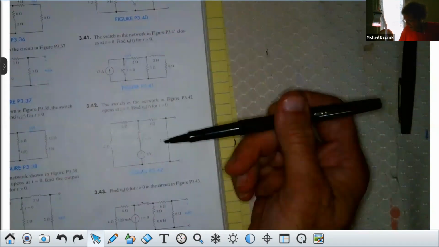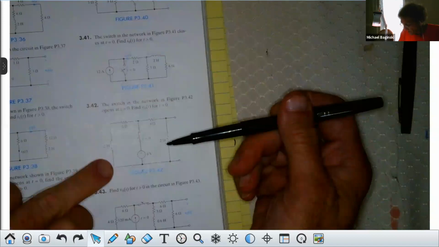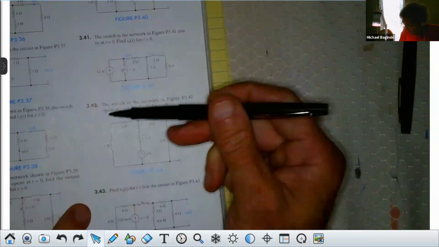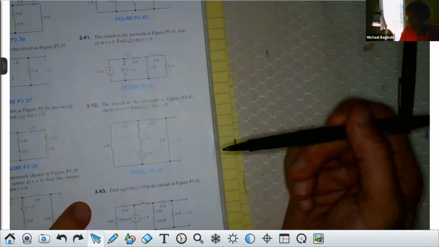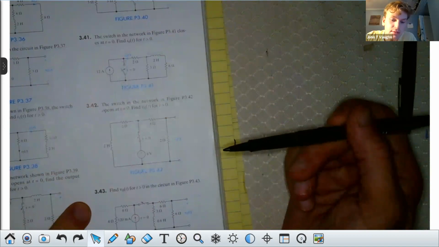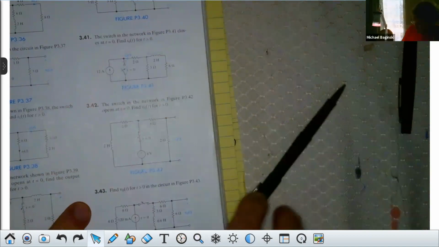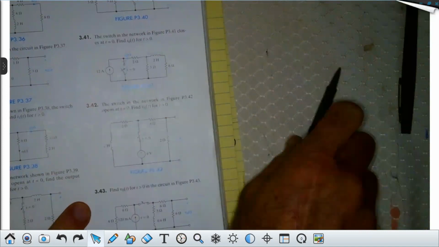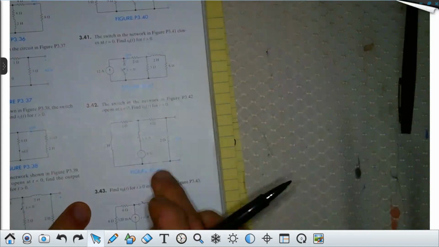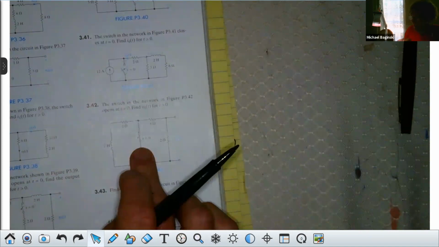Anybody can answer. When that opens at t equals 0, is there any energy source left in the circuit for t greater than 0? Think about it. When that opens up, is there any energy source? Nothing can flow, right? Isn't effectively that energy source, that 6 volts, taken out of the circuit?